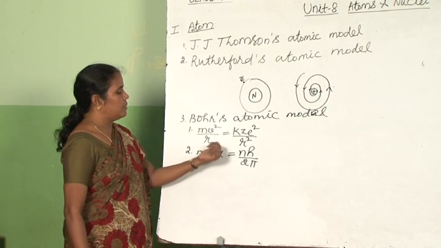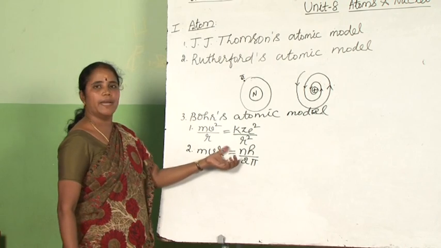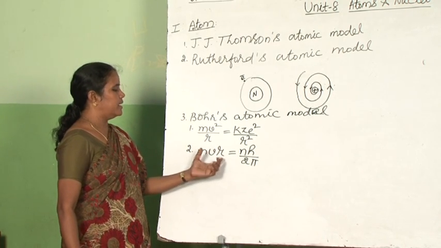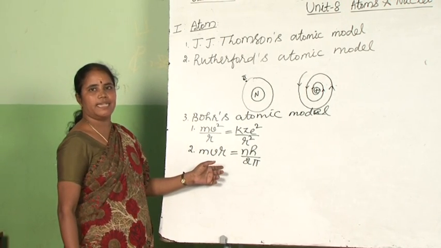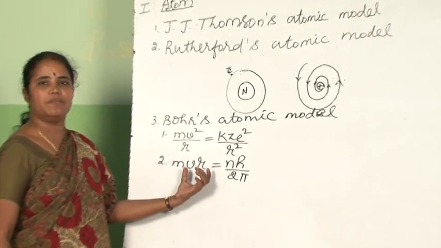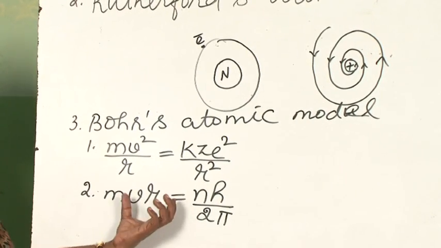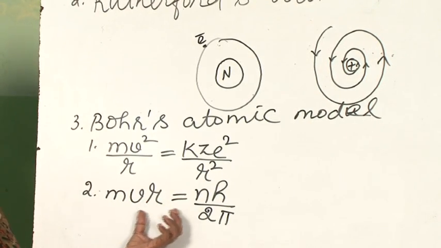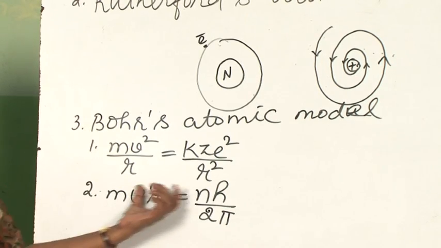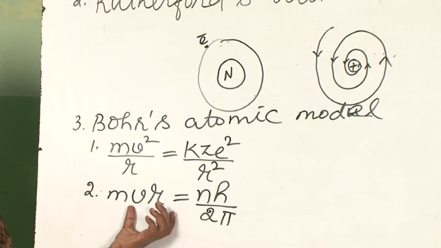If the angular momentum of an electron is equal to nh by 2 pi, the electron does not radiate energy. Those orbits in which the electrons revolve satisfying this condition are called stationary orbits, and this is the quantized condition.